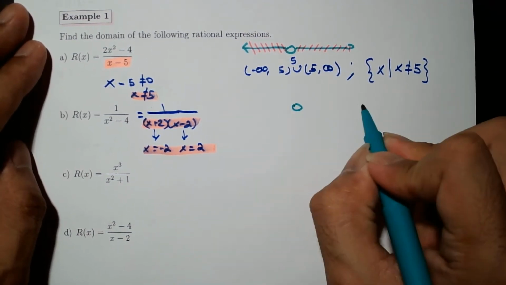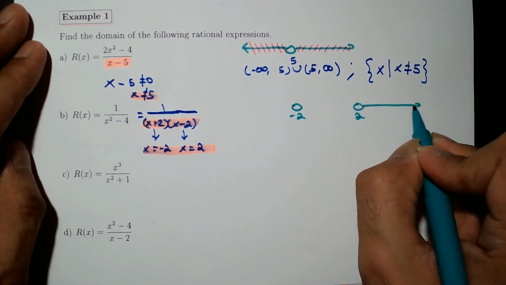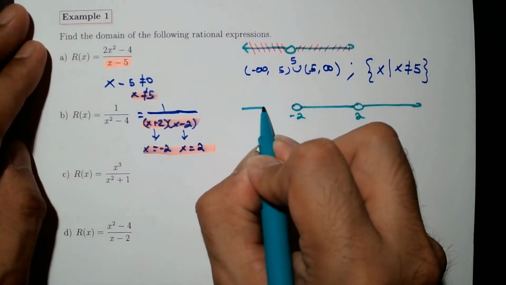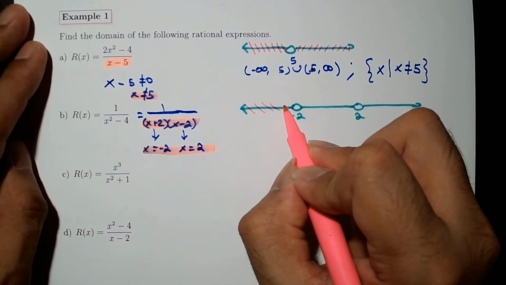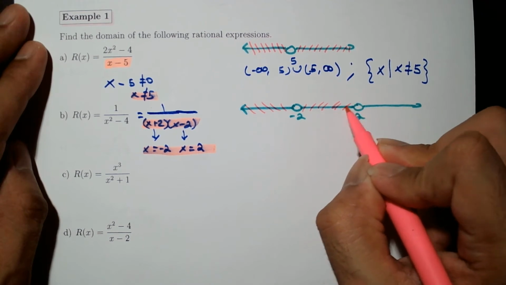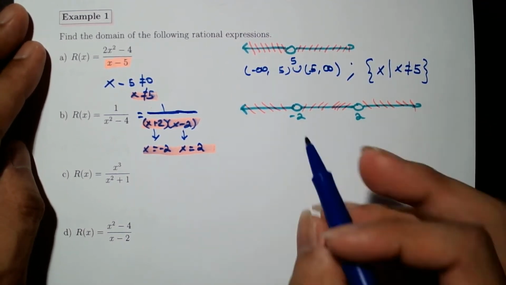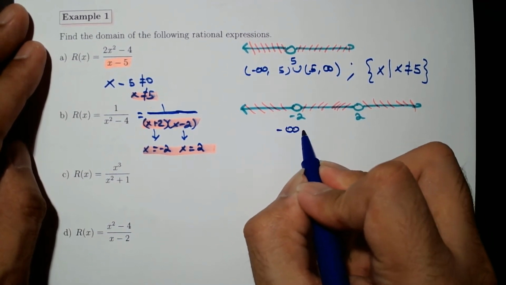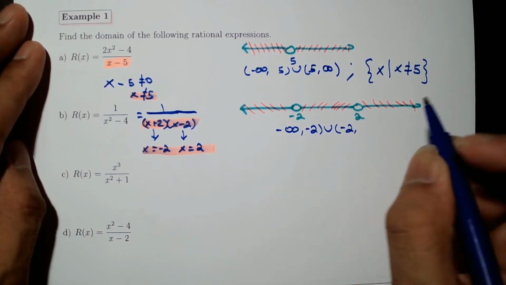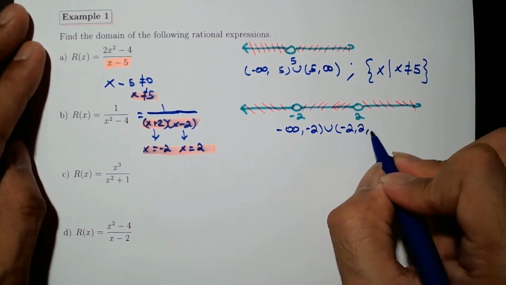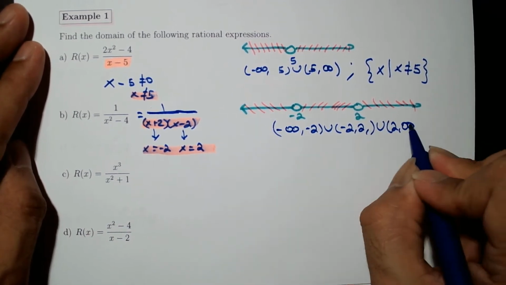So, negative 2, positive 2. I'm going to shade only these three intervals. It's going to be negative infinity to negative 2, union negative 2 to positive 2, union 2 to positive infinity.